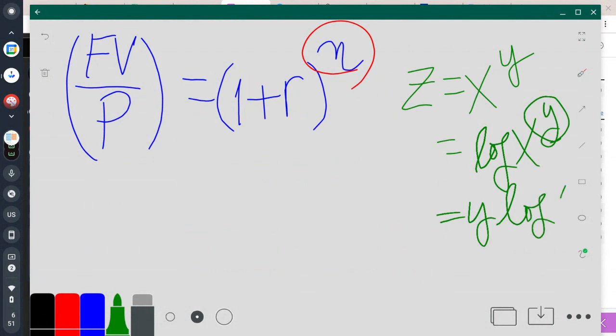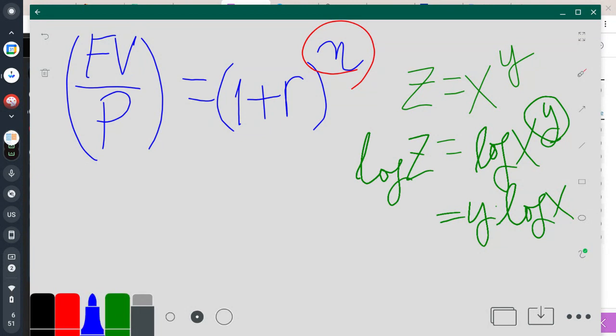Then it turns into a multiplicative function. And of course, when you take the log on the right-hand side, you have to do the same thing to the left-hand side, because I've been telling you, it's an equation, meaning that the equal sign must hold.